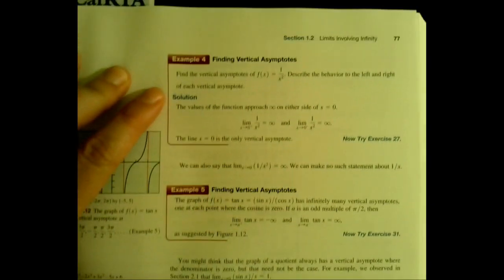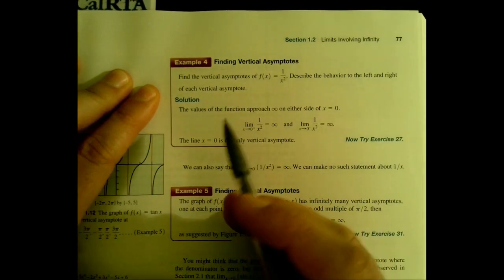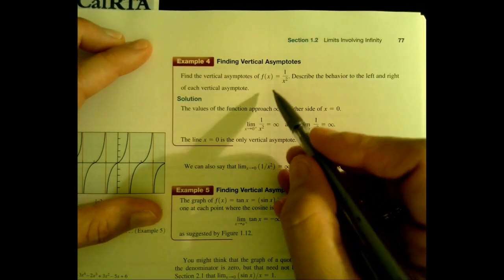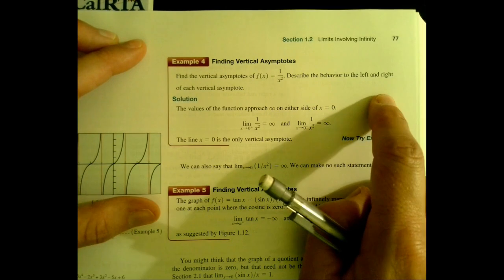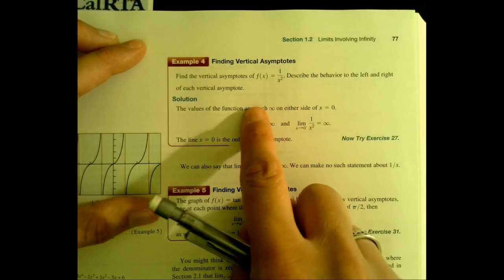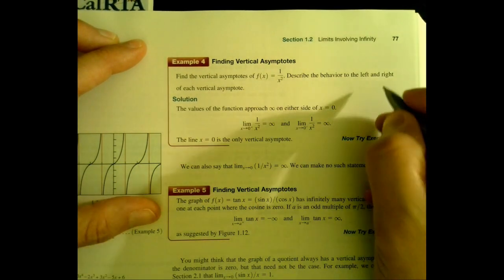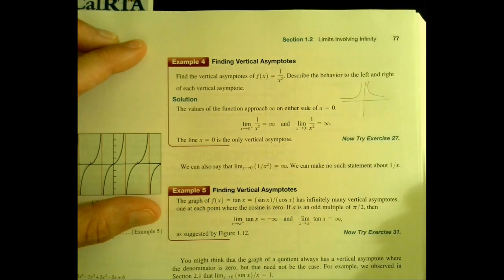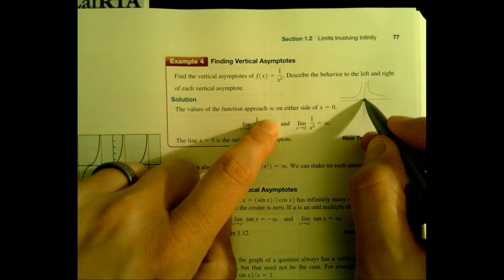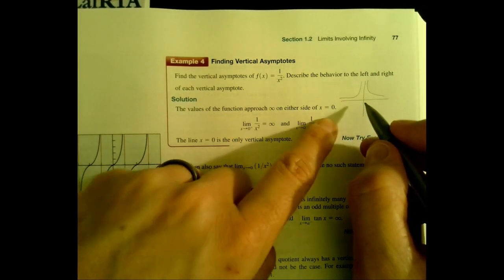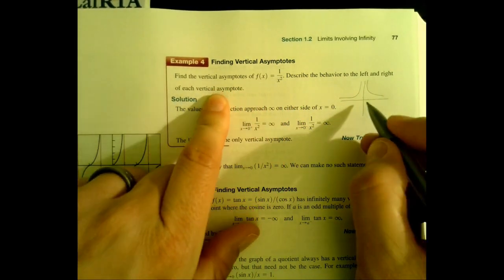So let's look at example 4 here. It says find the vertical asymptotes of the graph f of x equals 1 over x squared, and describe the behavior to the right and the left of each vertical asymptote. So remember what that looks like. We want the limit on either side of x equals 0, because x equals 0 is the vertical asymptote.